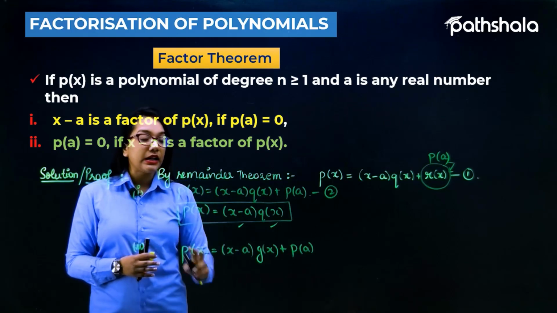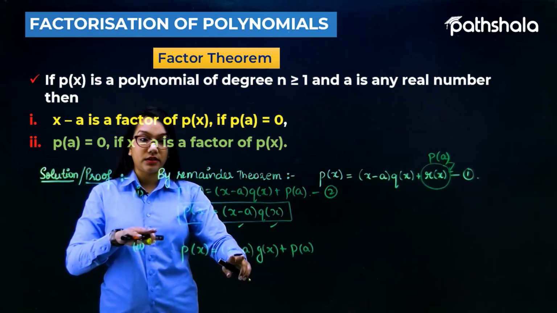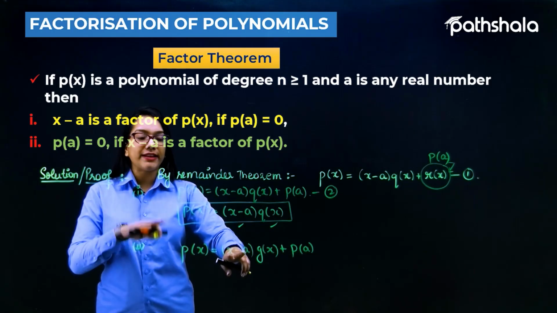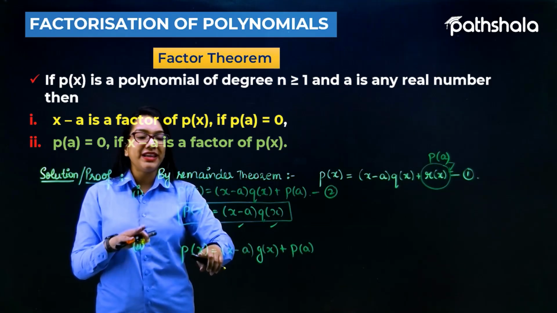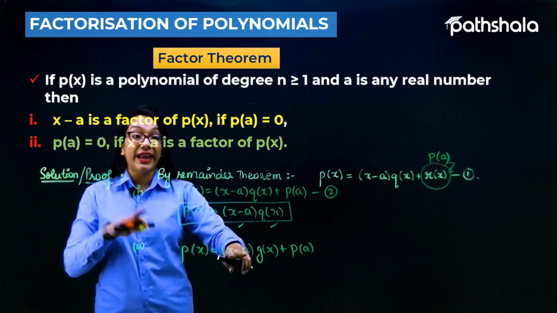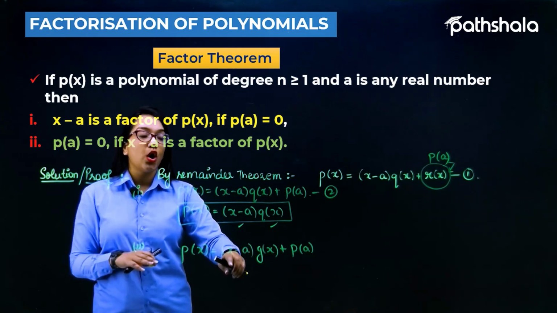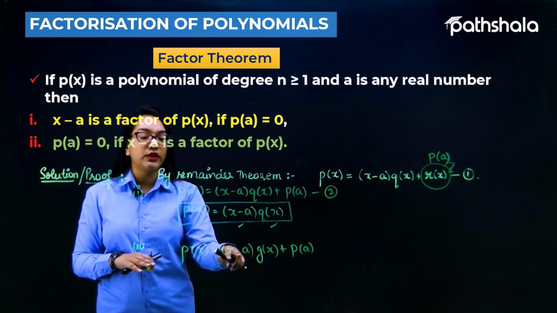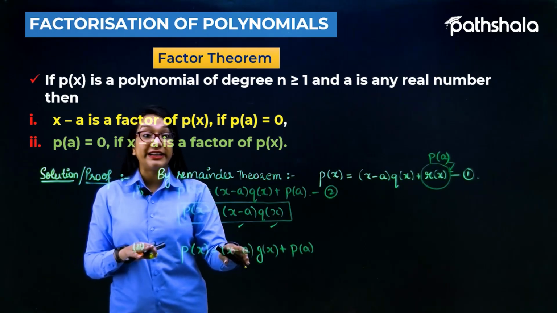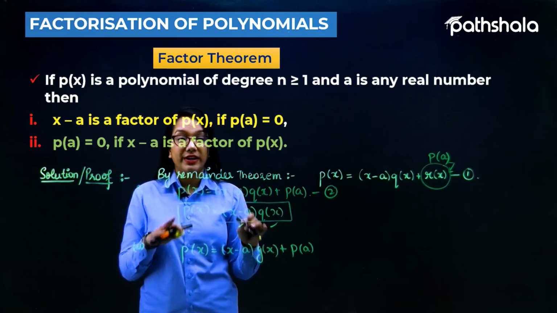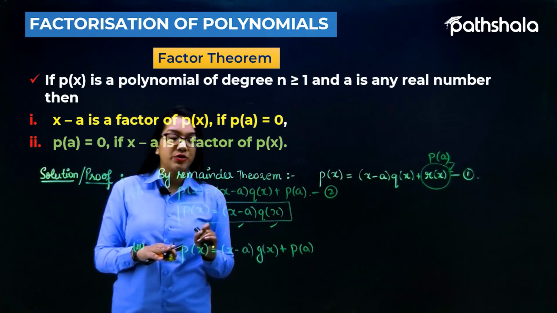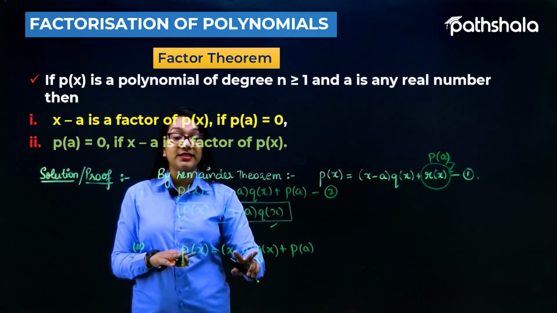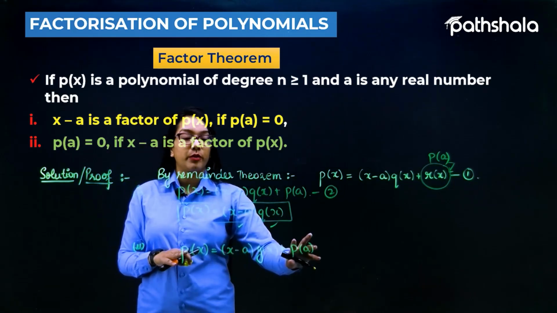So it says that if x minus a is a factor of this polynomial, let us suppose we are talking about this only. If x minus a is a factor, it means that x equal to a is a zero of this particular polynomial, and if it is a zero, then it will definitely satisfy the whole condition. It means that I am substituting x equal to a as a zero in this particular polynomial.